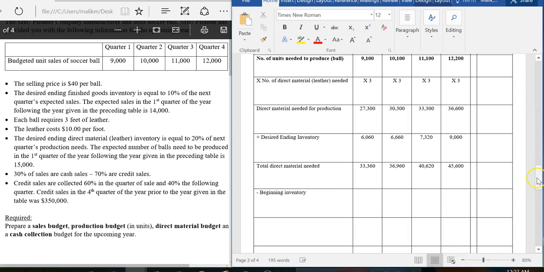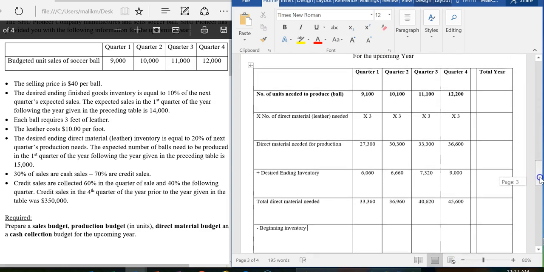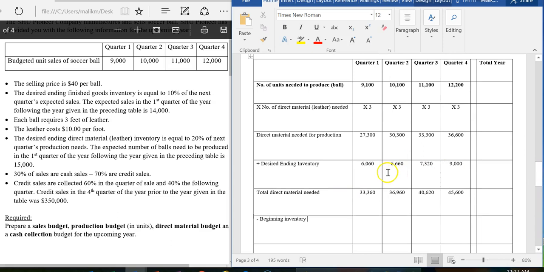It's simple since we already see our past quarter's ending inventory, but for the first quarter, it's a little bit tricky. For the first quarter, you have to check what this first quarter's need was, and the policy is to always keep 20% as their beginning inventory.